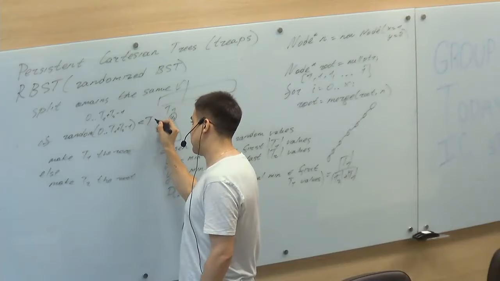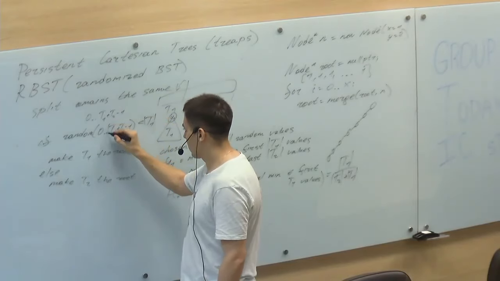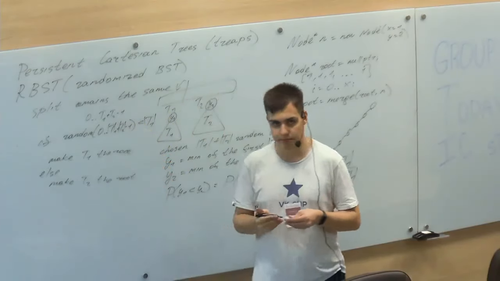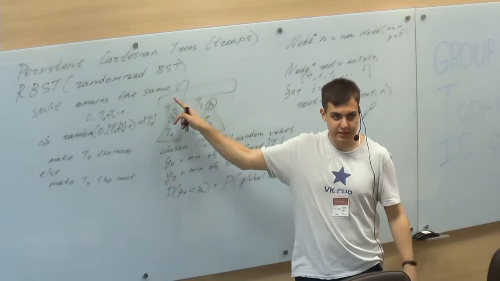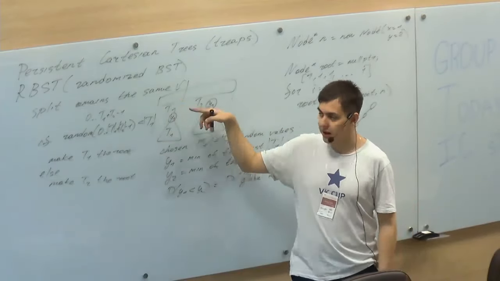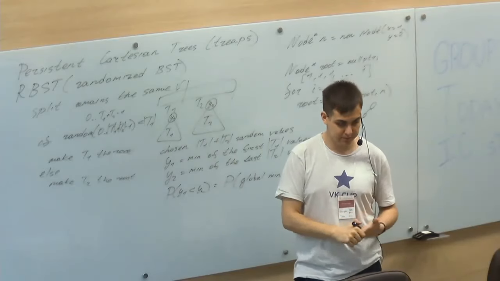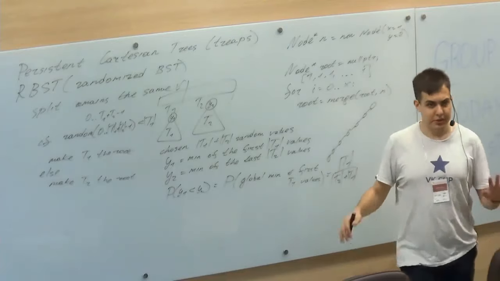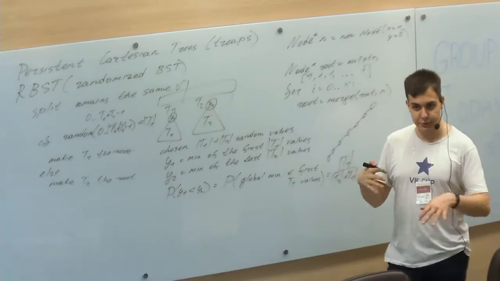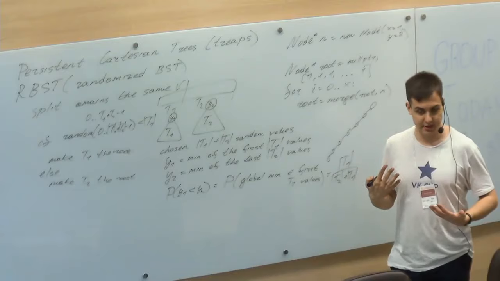If it's less than T1, then we've chosen a value in the first part, so we make the first tree the root; otherwise we've chosen the second tree. Okay, so this allows us to merge the tree with itself, basically.